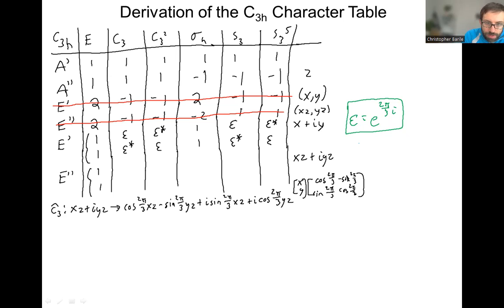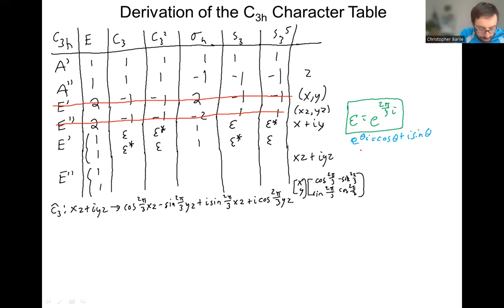What that ends up equaling is epsilon, which, by the way, if we expand this out, is e to the 2 pi i over 3. Expand out Euler's formula: Euler's formula tells us that e to the i theta equals cosine theta plus i sine theta.